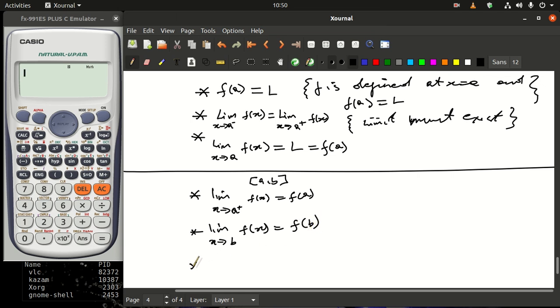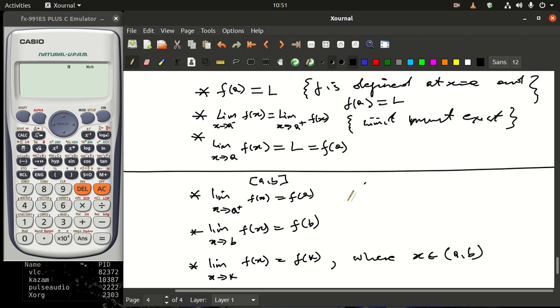And more importantly, whenever I pick another point, the limit as x approaches some k of f of x must be equal to f of k, where k is an element in that interval AB. So those are the conditions for the interval. That's all there is to this thing.